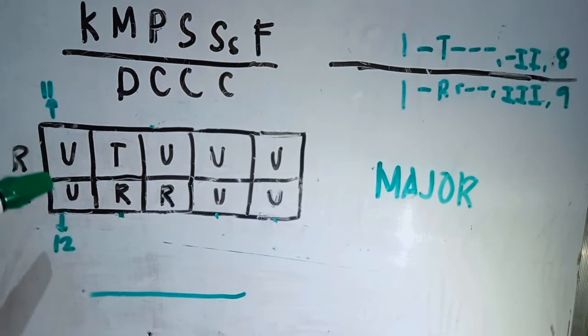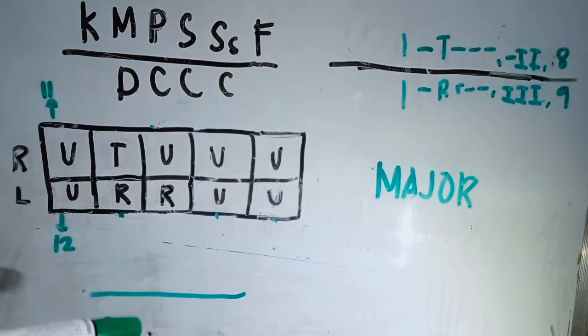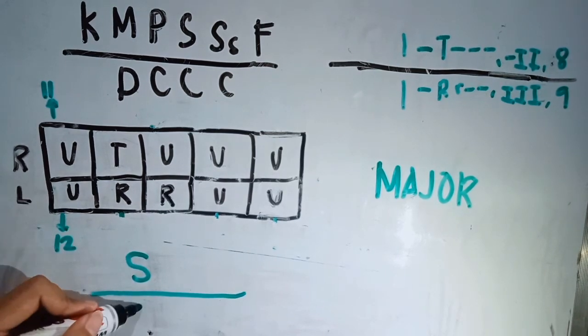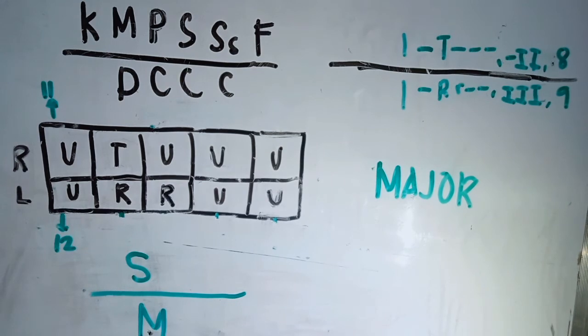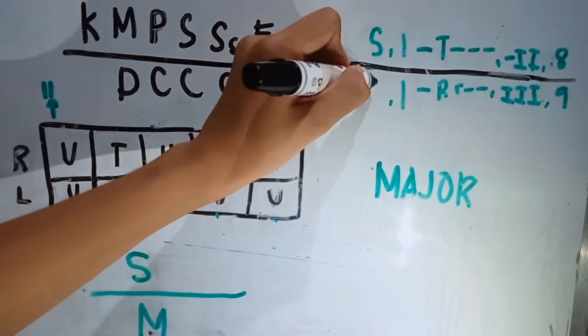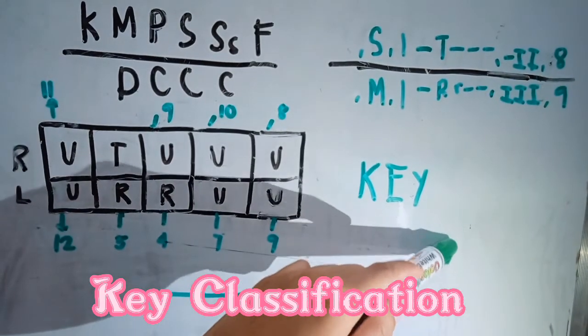A ridge count of 1 to 11 is small, 12 to 16 is medium, and 17 and above is large. 11 is small, and 12 is medium. Put it here: small and medium.